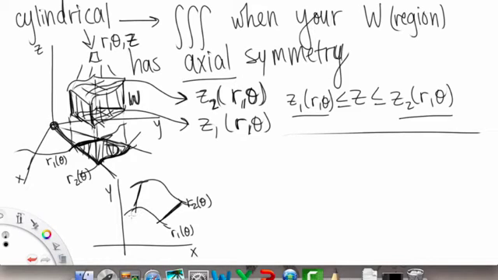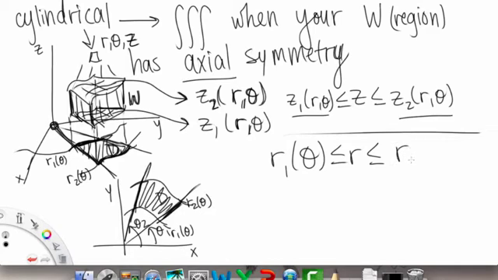And then also we can't forget about theta. So theta is the simplest, it goes from theta 1 up to theta 2, all right? So that's this region here. This is like our domain. So R, again, reviewing, goes from R1 of theta to R2 of theta.